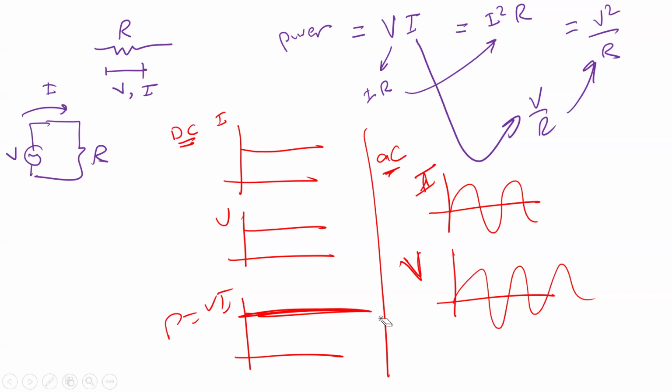As you will see, one way to calculate the power is still V times I. If I multiply V times I, this is called instantaneous power.